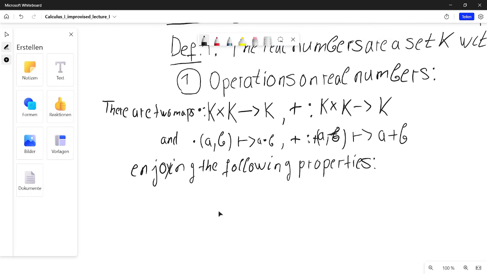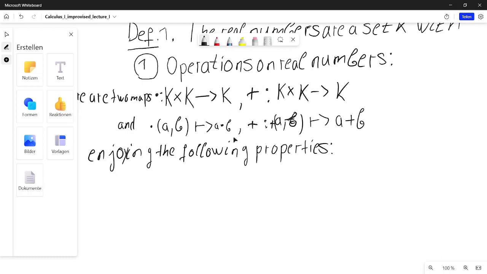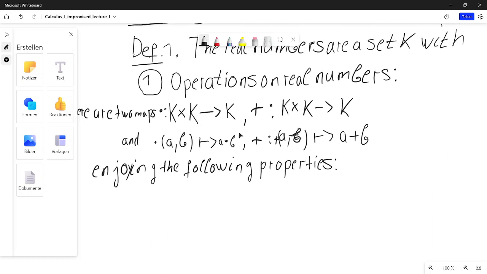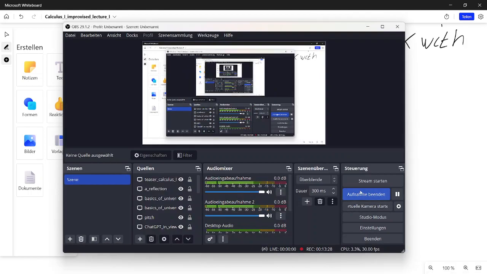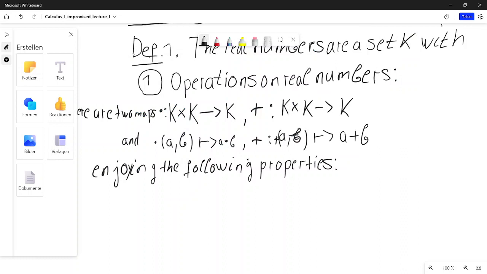As is customary, we'll just call these maps addition and multiplication, without thinking that we are now defining them in some abstract way. It will turn out that it is actually what we understand as addition and multiplication, but it will take time to really establish it.